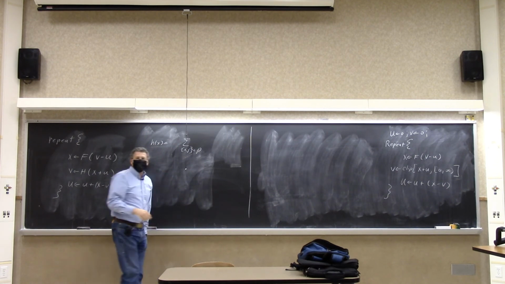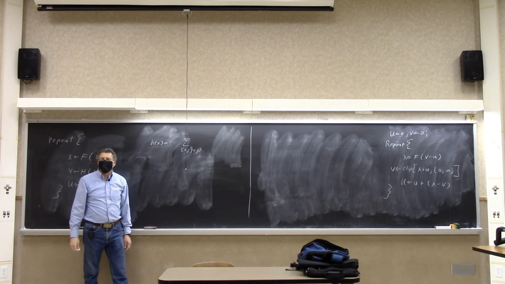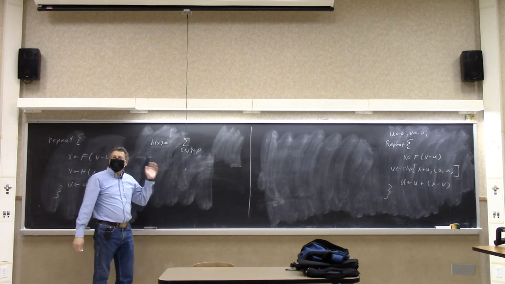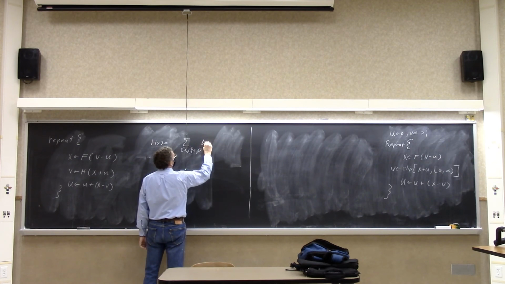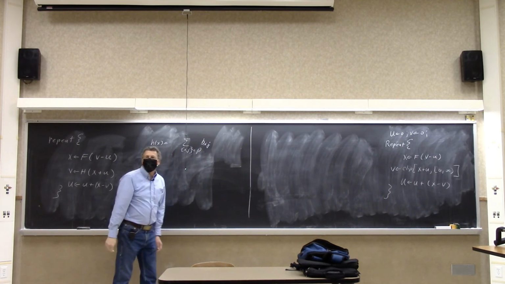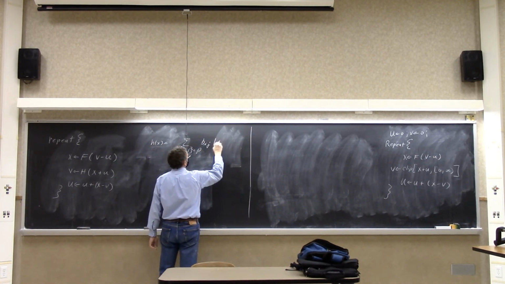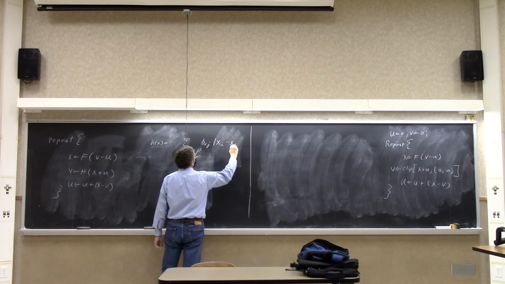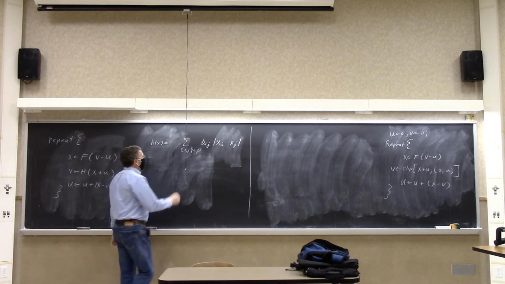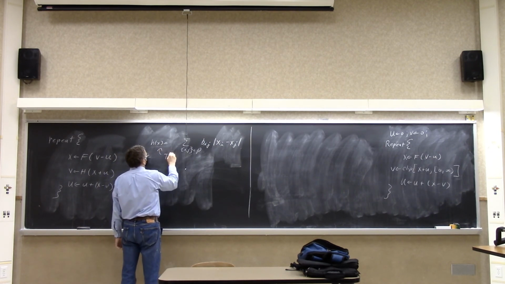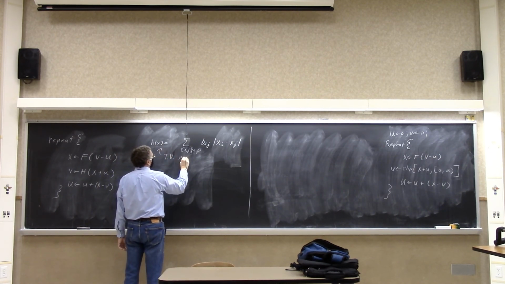Uh-oh, you're getting nervous again. You're like, the notation from the earlier chapters of the homework problems was giving me a headache. Don't panic. So b_ij times x_i minus x_j, like this. This is an example of TV regularization.